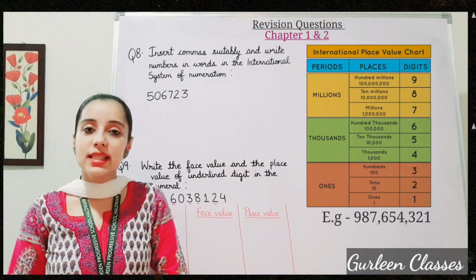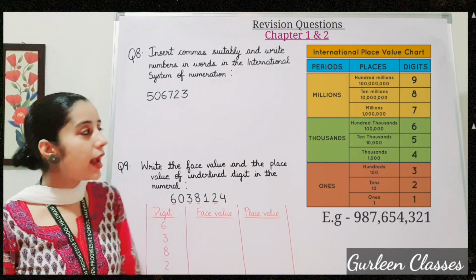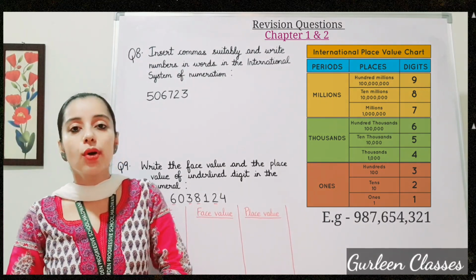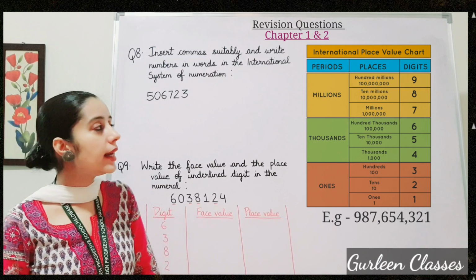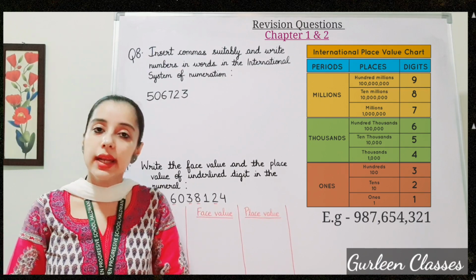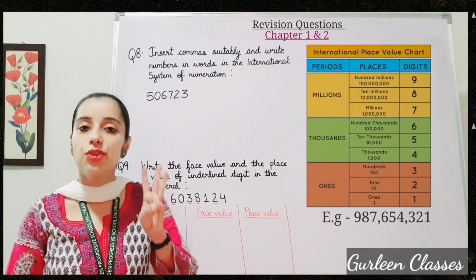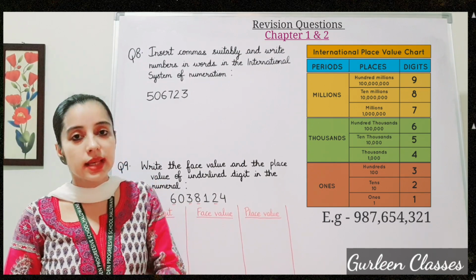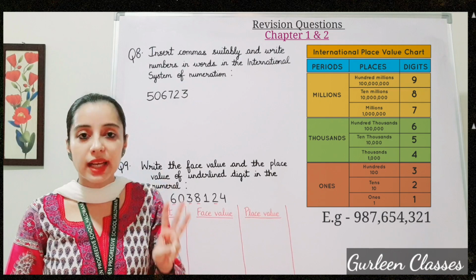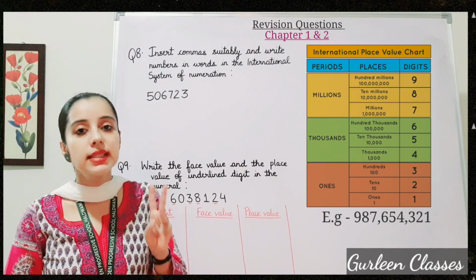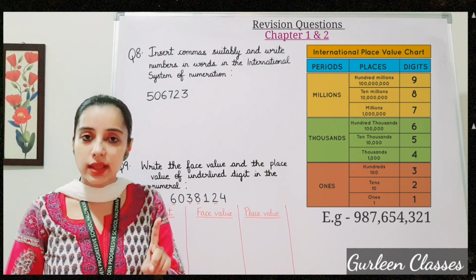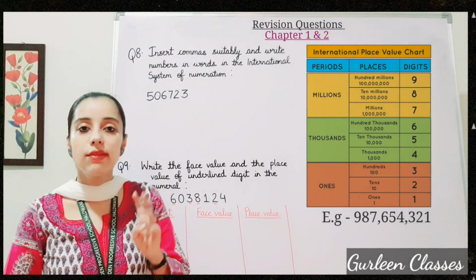Question number 8. Insert commas suitably and write the numbers in words in the International System of Numeration. Before doing this question, let us look at the International Place Value Chart. In the International Place Value Chart, we have 3 periods: ones, thousands and millions. The ones period has 3 places: ones, tens, hundreds. The thousands period has 3 places: 1,000, 10,000, 100,000.